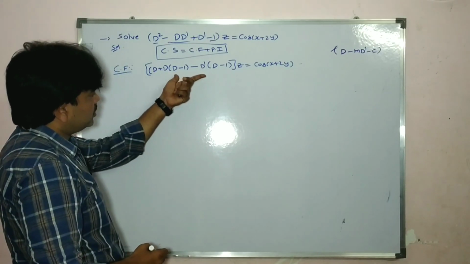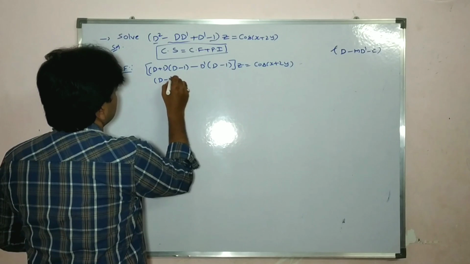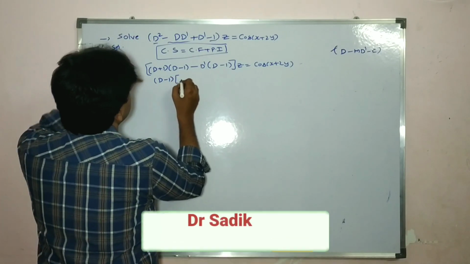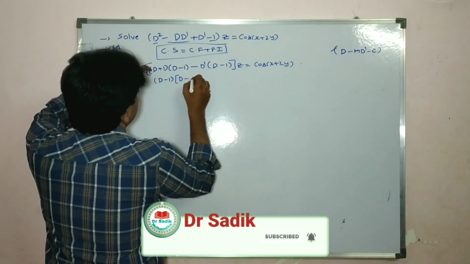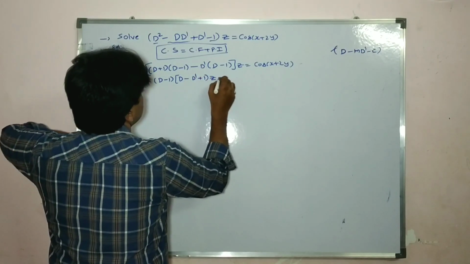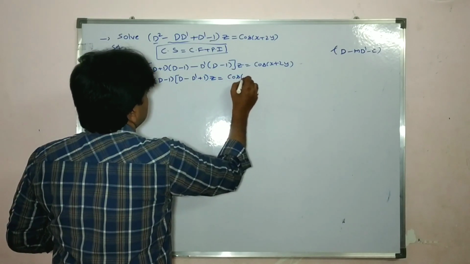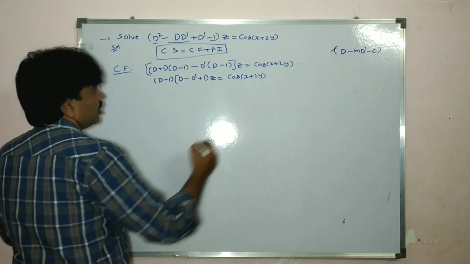Now tell me students, what is the common factor here? Take common d minus 1. Then we get here d plus 1 minus d dash. So in proper order, (d minus d dash plus 1) into z is equal to cos of x plus 2y. Now compare students.